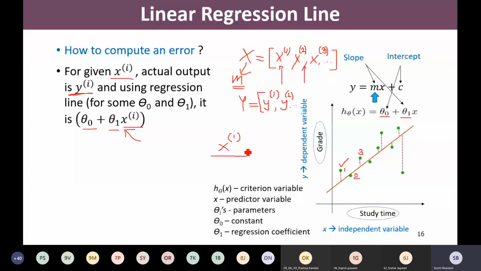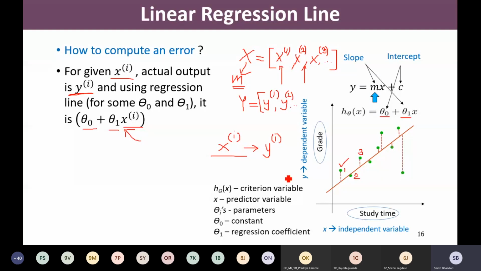Now, in my training data set, associated with every input, I am having the output also, that is known. So the actual output associated with this ith sample is denoted as y superscript i. Okay, so if I am having m number of samples, I will be having x1 y1, x2 y2, x3 y3 up to xm ym data samples available with me.